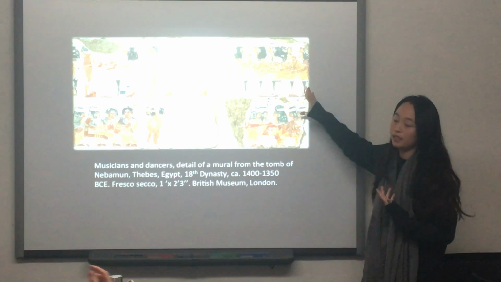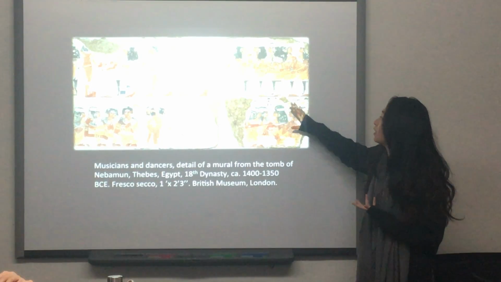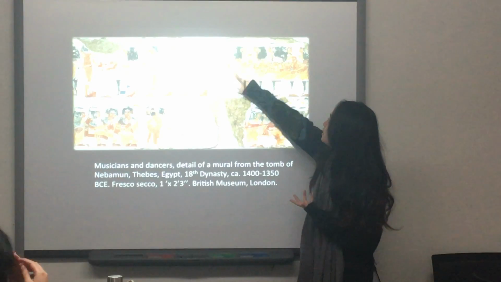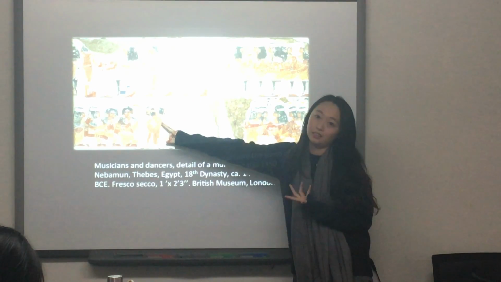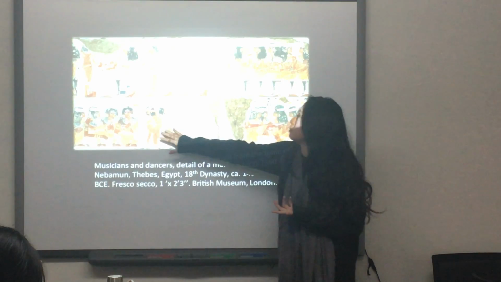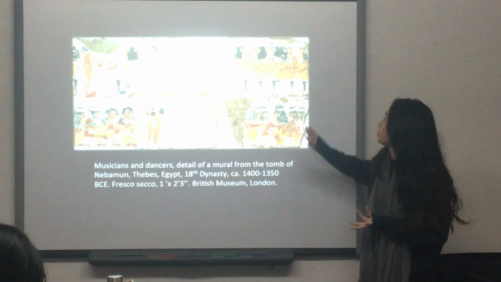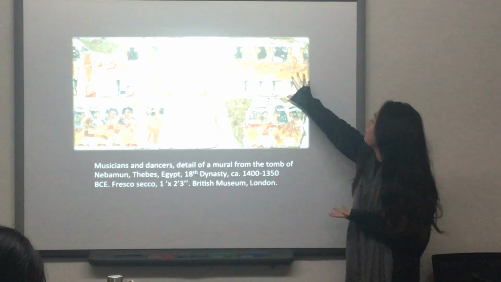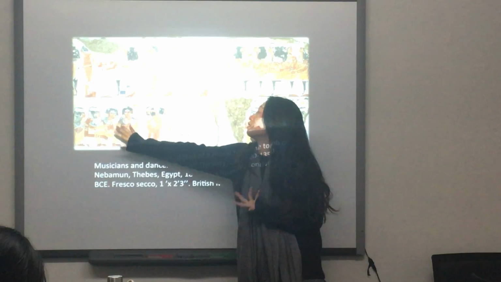This piece also contains hierarchy of scale and twisted perspective. Hierarchy of scale can be seen in the size of the relatives, the protagonist, and the servants, who are much smaller than the main human figures. In perspective, they are also in profile position, except for those two unique girls.